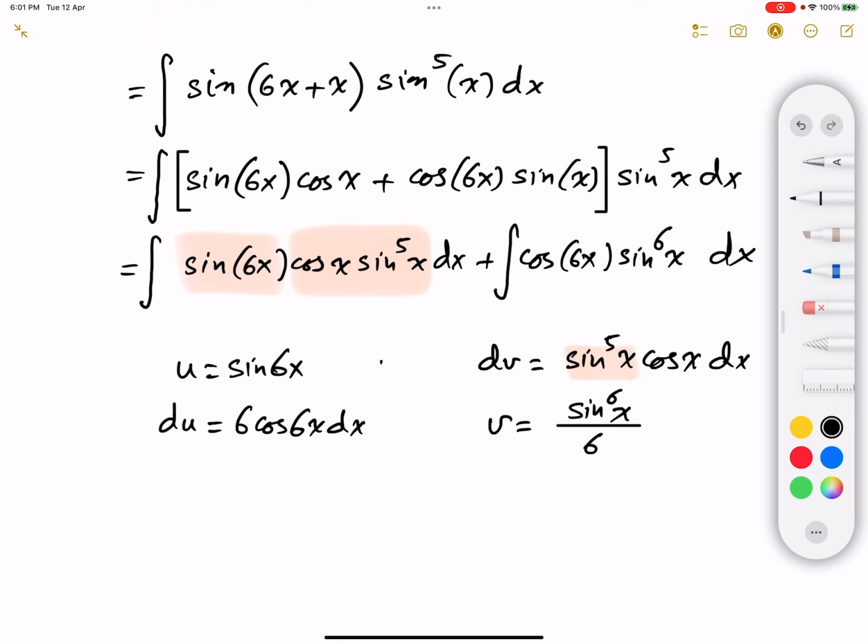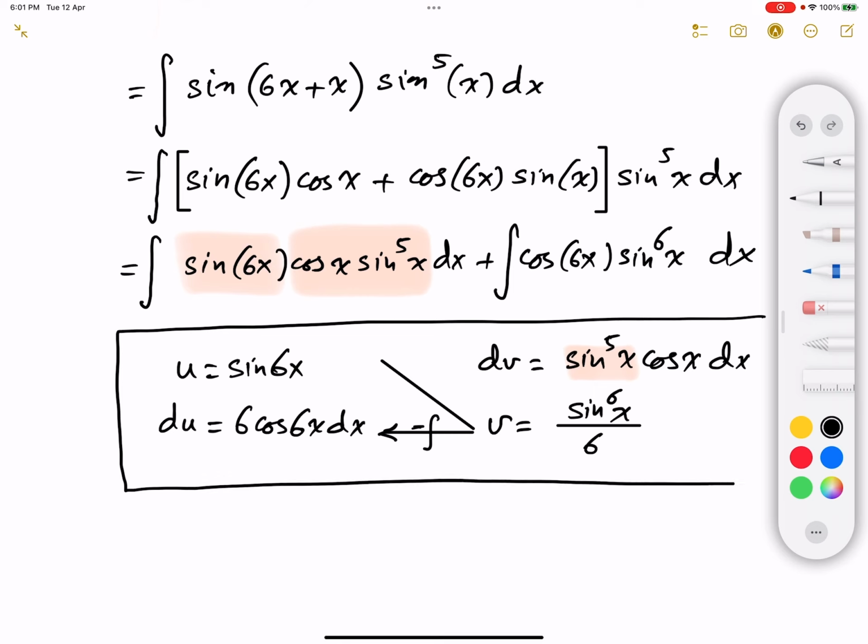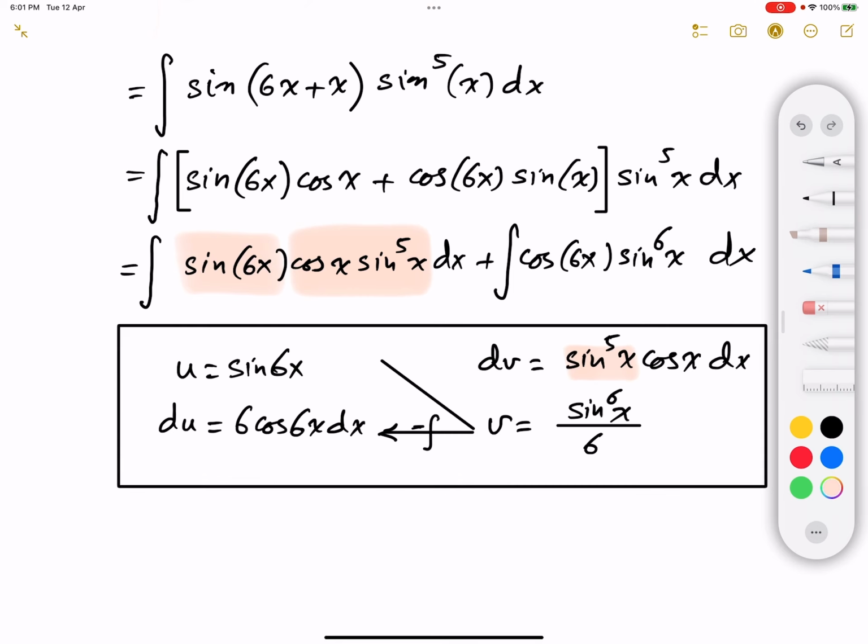Okay, and we need to multiply this by this and subtract the integral of the multiplication of these two. So I'll put a negative integral sign here. I will put a box here so we can easily get back to this, and I will highlight it in the same color that we're using here.